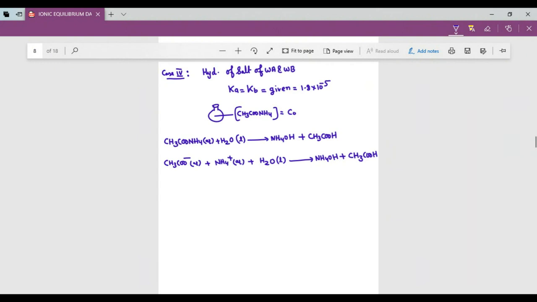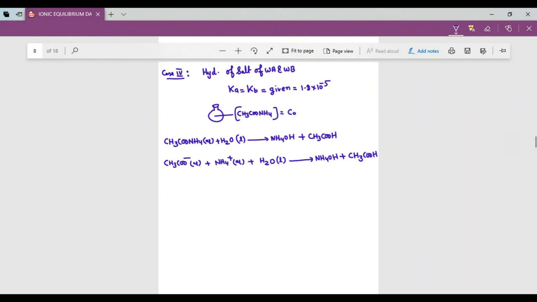So both are going to react, and their degree of hydrolysis is also the same, because when I am writing this, it is not the actual case. This acetate ion is reacting with water separately, and this ammonium ion is reacting with water separately. So these two reactions are happening parallelly.